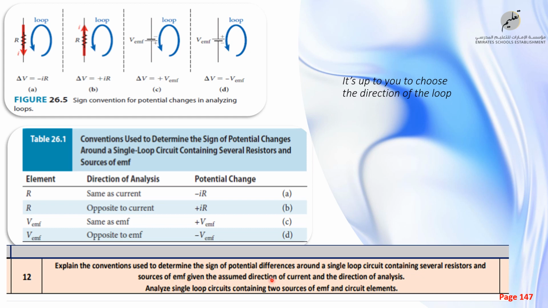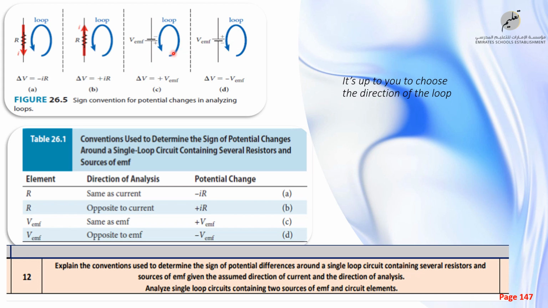Given the assumed direction of current and the direction of analysis, analyze single loop circuits containing 2 sources of EMF and circuit elements. Of course there is a question on Classkick regarding this bullet, but let's discuss the conventions first. This is a very important idea before we go through Kirchhoff's rule. So let's set the ideas first.